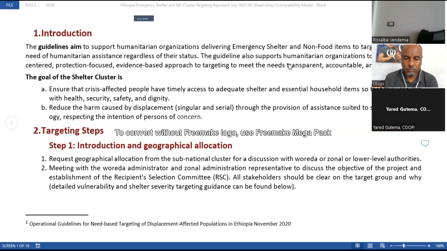It can be shelter and NFI, livelihood response programs, DRR, natural resource management, any kind of humanitarian response programs we have, which have to be more open, transparent, accountable. So the aim is to ensure that the details have their own points and sections to be followed.